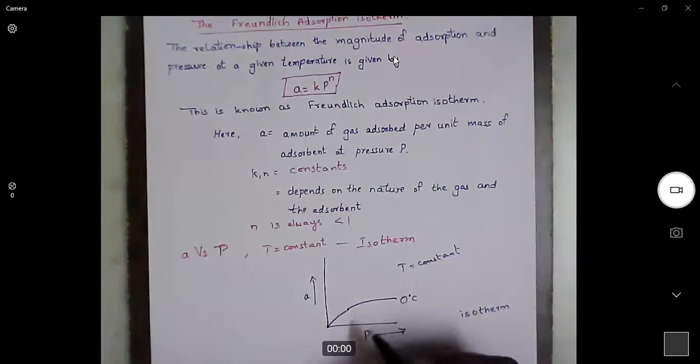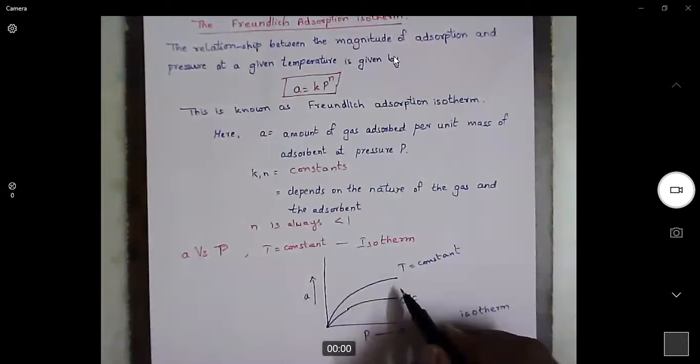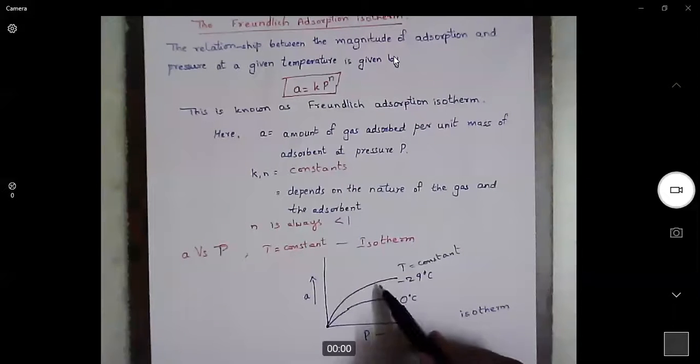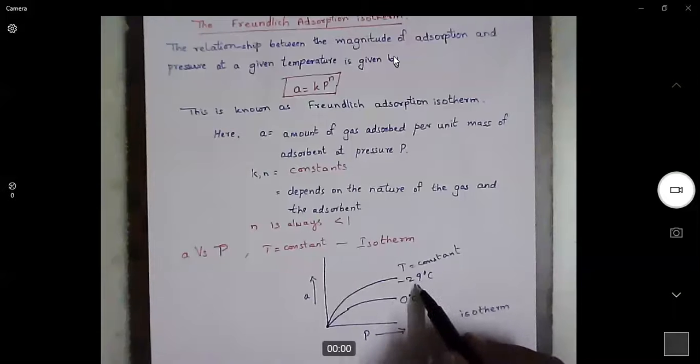So if you want a high amount of substance to be adsorbed, then we need to decrease the temperature. At lower temperatures, the shape of the graph is almost the same, but here the amount of substance will be very high. See, this graph is drawn at 0 degrees centigrade. This graph is drawn at minus 29 degrees centigrade.